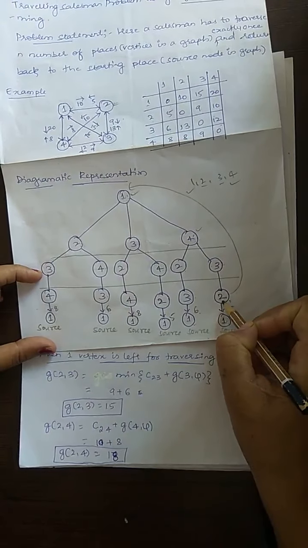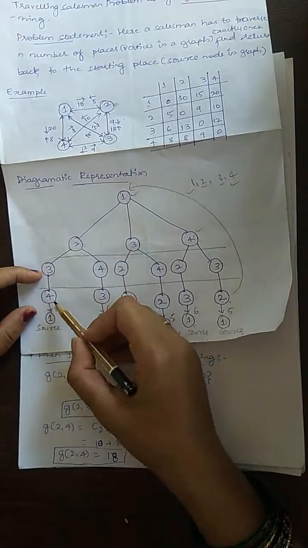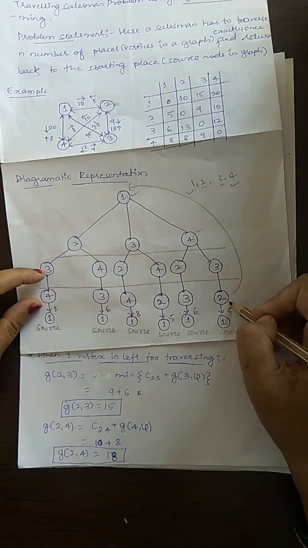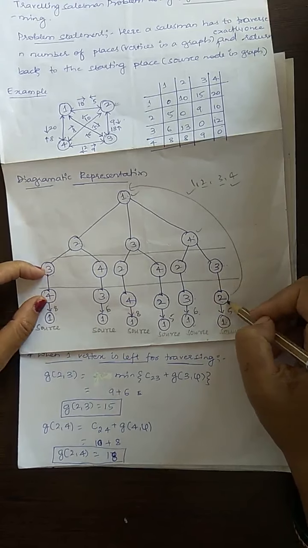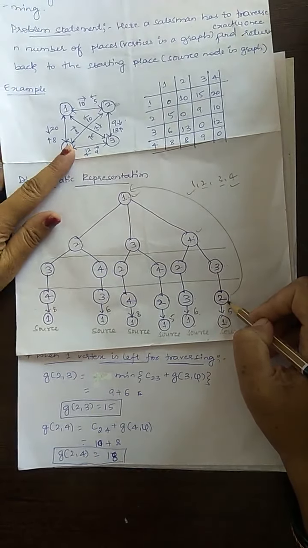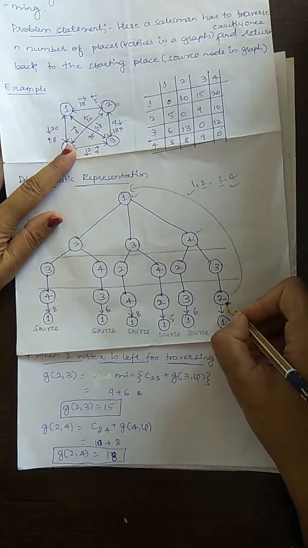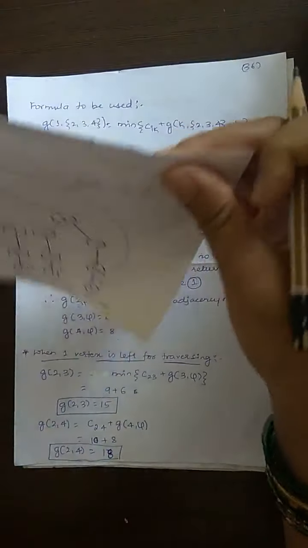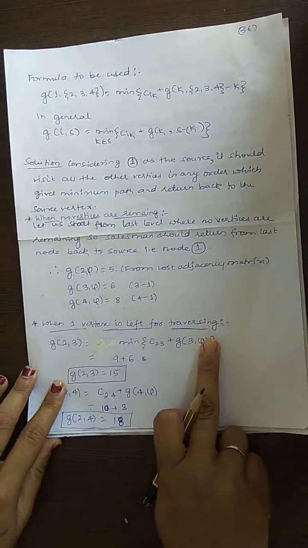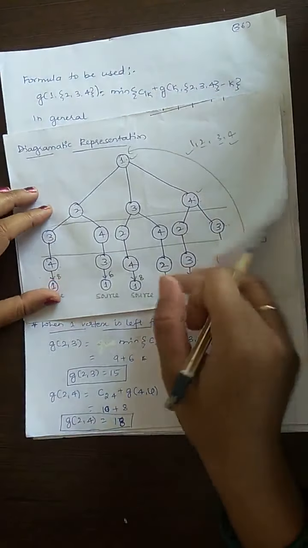So when one vertex is remaining, suppose I am at 3, then 4 or 2 is remaining. If I am at node 3, 4 and 2 are the remaining vertices. Then I have to find the cost from 3 to 4 or 3 to 2. So how do I do that? Let us see. When one vertex is remaining for traversing, we will start from vertex number 2.